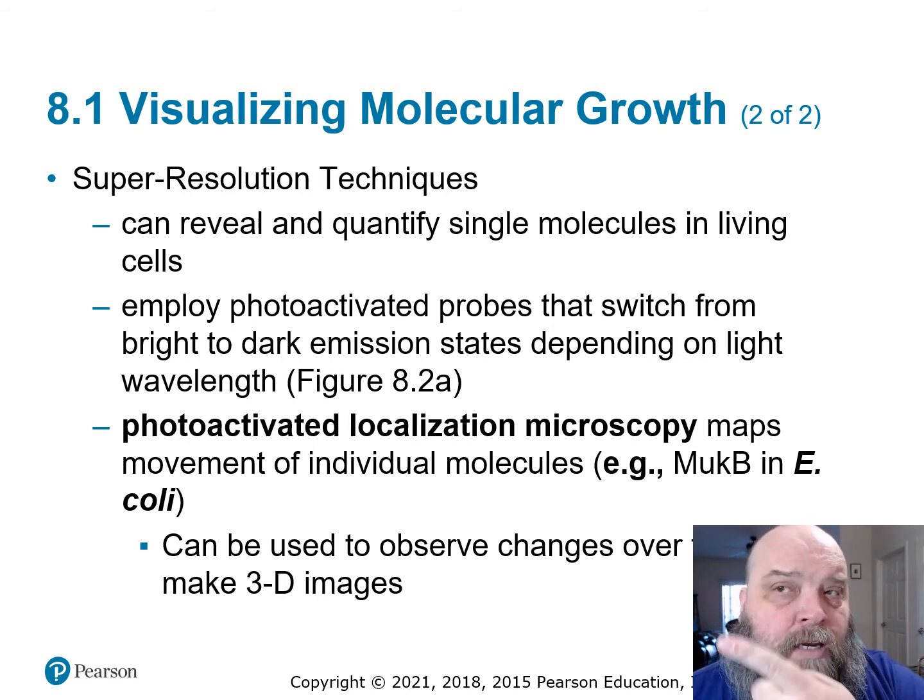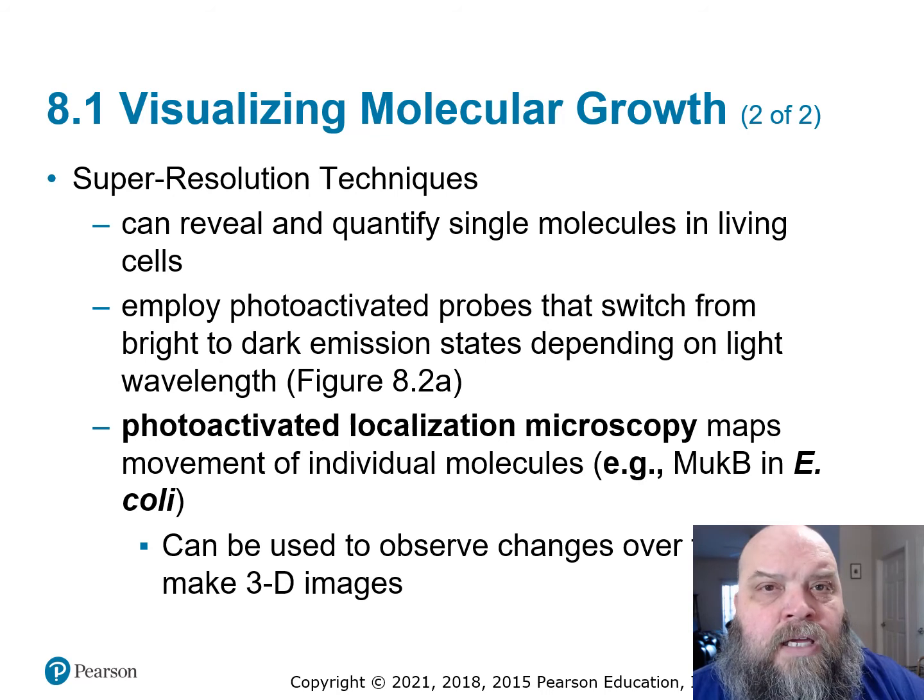Flip the switch again and you now have yellow light, a different wavelength, and a different marker that's going to fluoresce something else. And that's how these different photoactivated probes work.